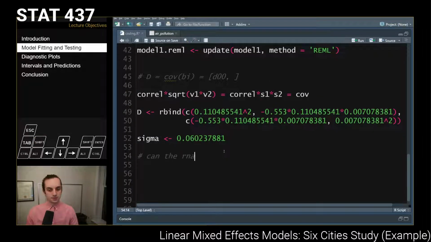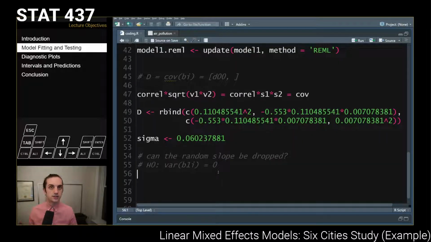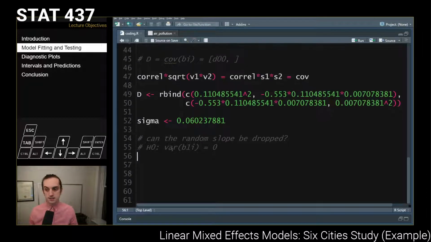Can the random slope be dropped? This results in a hypothesis test of the variance of b1i equals 0 under the null hypothesis. If you remember from the last lecture, this is a hypothesis we have to be careful about testing, but it's one that we might be interested in. Do we actually need a random effect of age? And there's an easy way of doing this.